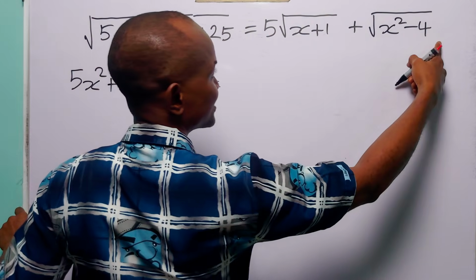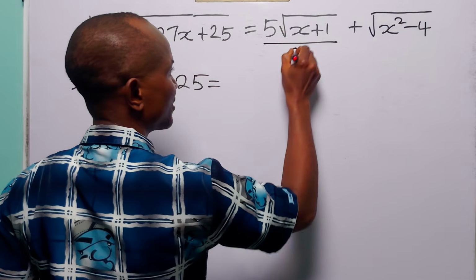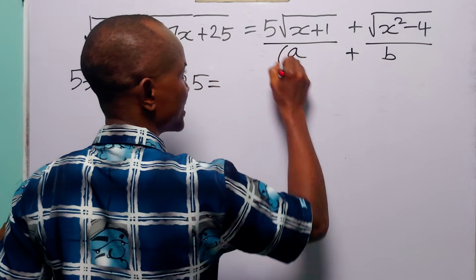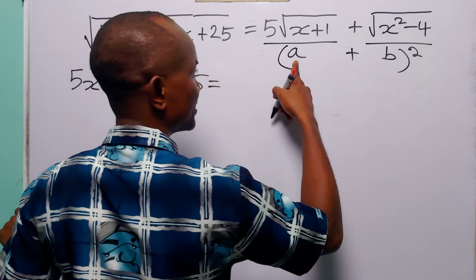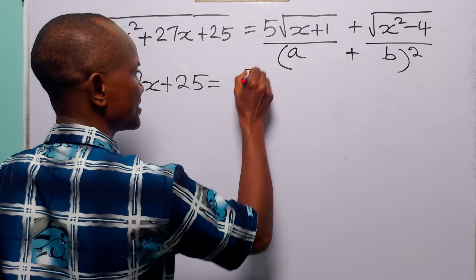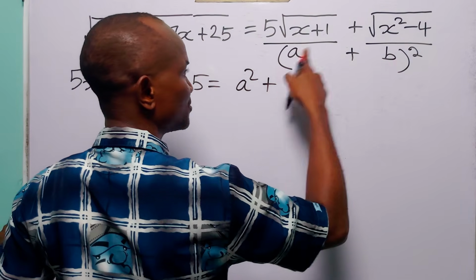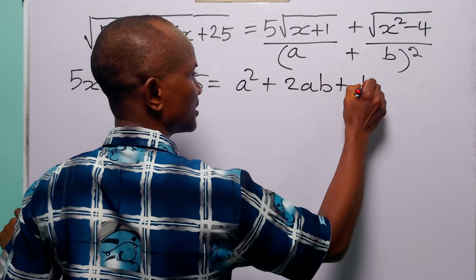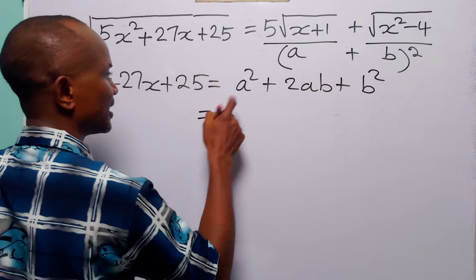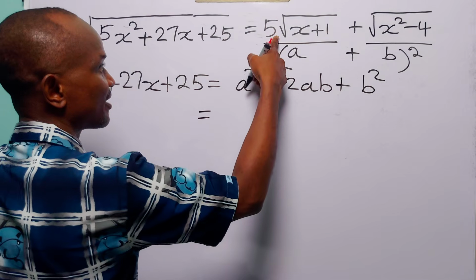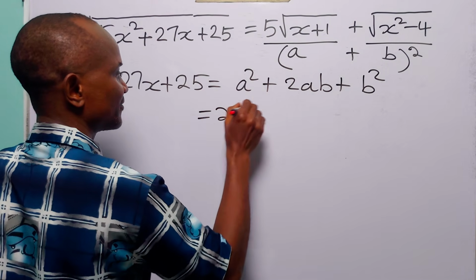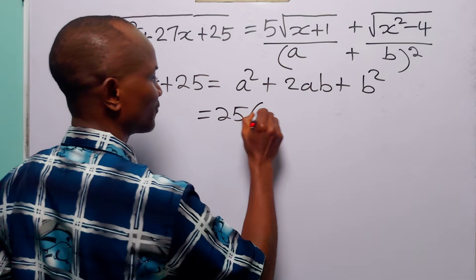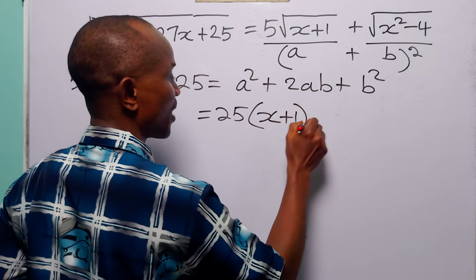To square the right-hand side of this equation, let this be equal to a and let this be equal to b. Of course, you know that a plus b squared is going to give us a squared plus 2 times a times b plus b squared. Now, a squared is 5 squared, that is 25, times root x plus 1 squared, which of course is x plus 1.